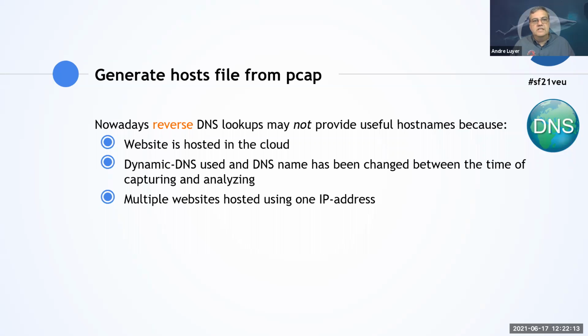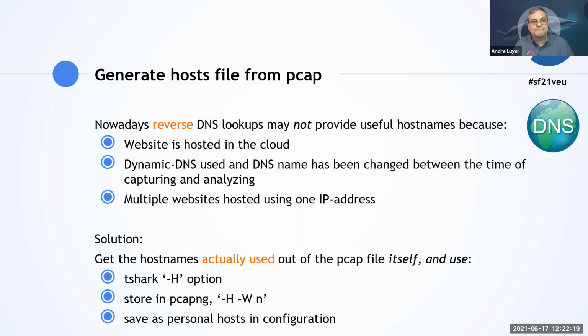And from the old days, multiple websites hosted on one server, one IP address. So what can we do? We can get the names out of the PCAP file itself, and generate our host file.